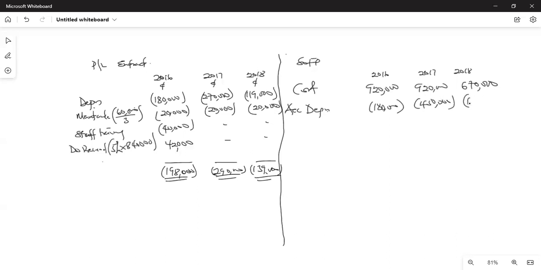And when we changed everything, we had a new depreciation after the upgrade, because the machine had taken a new figure and it had taken on a new depreciation. Okay, so we close it. We have our carrying amount. And here we have 740,000. We have 470,000 and 551,000.